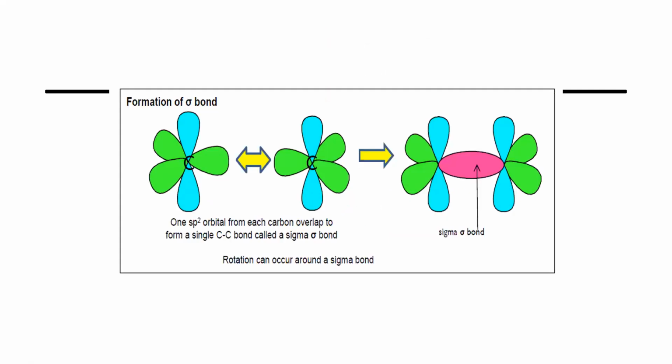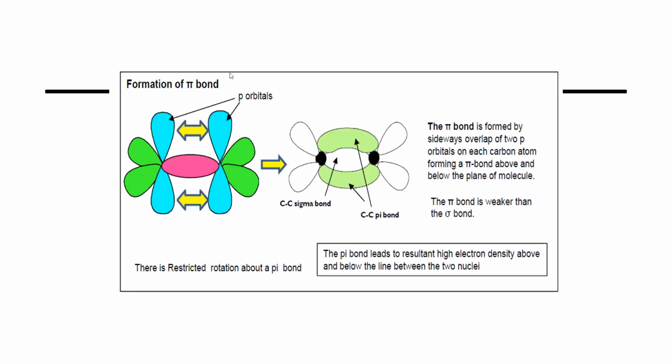As you can see here, formation of a sigma bond. When these orbitals overlap with each other, complete overlapping, it results in the formation of a sigma bond. But when their axes are parallel, there's an attraction between them, and this attraction is called a pi bond.